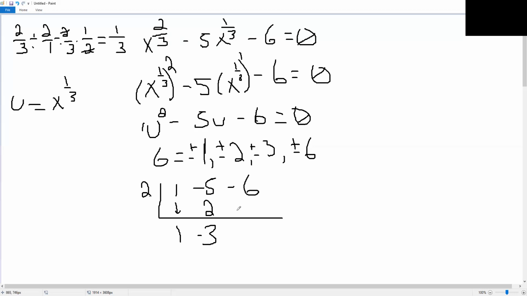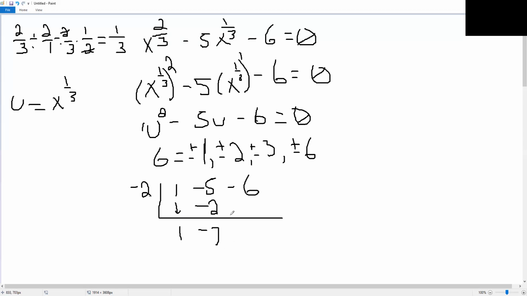And 2 times -3 is -6. This is -12. Looks like we need to reverse our sign here. So let's reverse our sign. -2 times this 1 is negative.